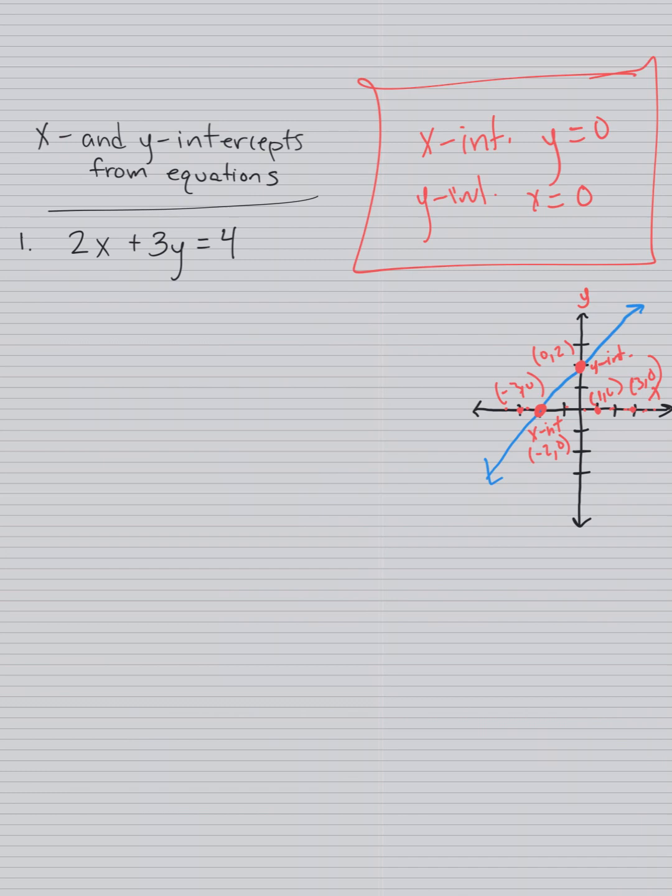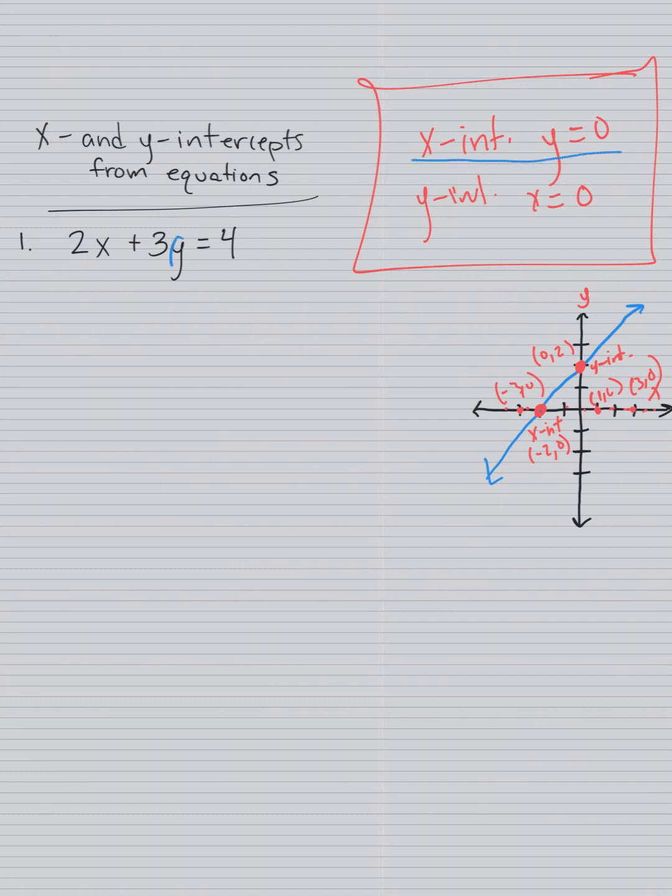So when I go back to my problem, I'm going to solve 2x plus 3y equals 4. I want to find the x-intercept, and then we'll go back and we'll find the y-intercept. So we'll do one at a time. To find the x-intercept, I want to make the y 0.